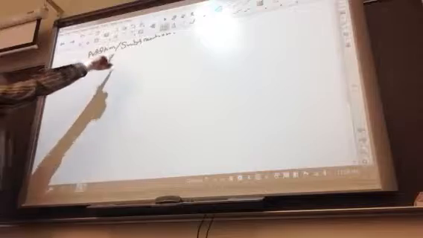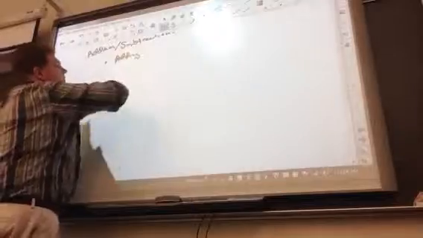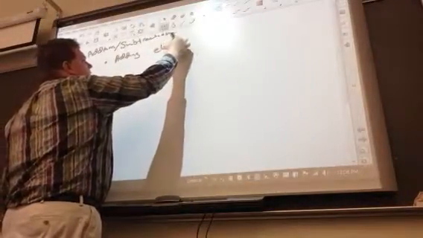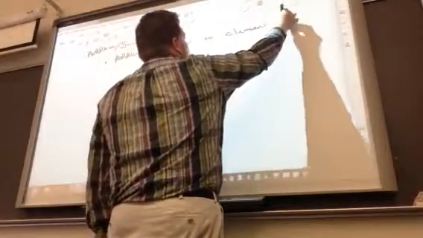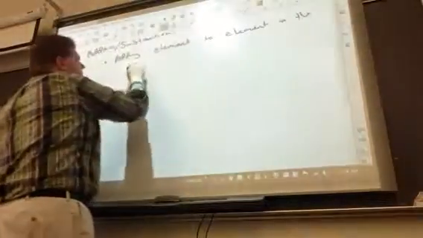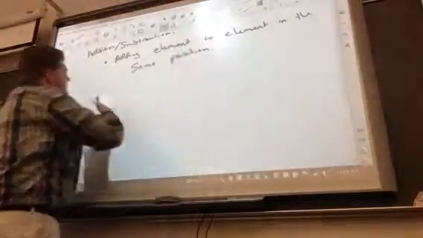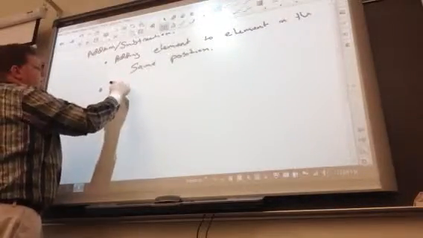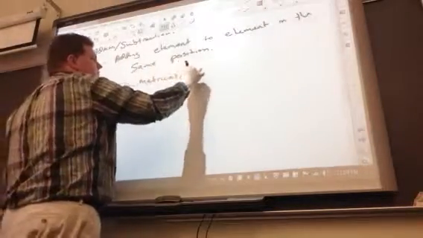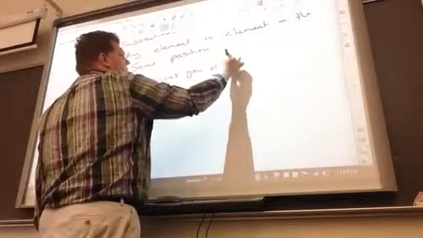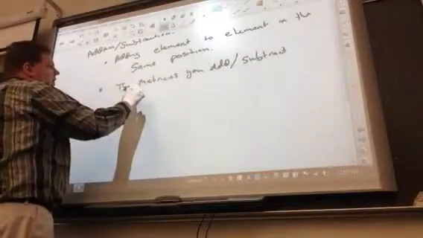So with addition and subtraction, we're simply adding element to element in the same position, and the two matrices you add or subtract must have the same order.